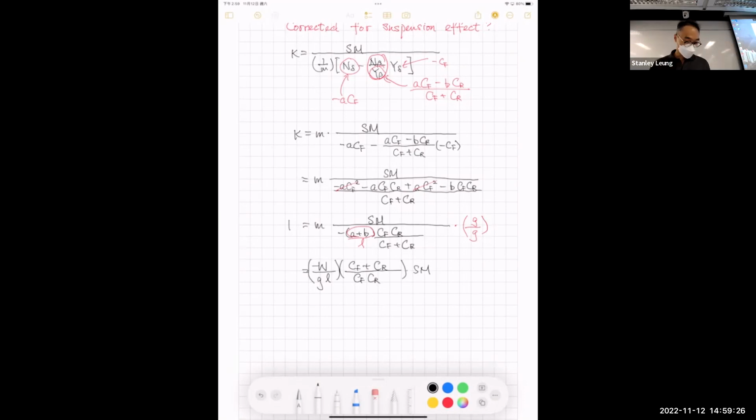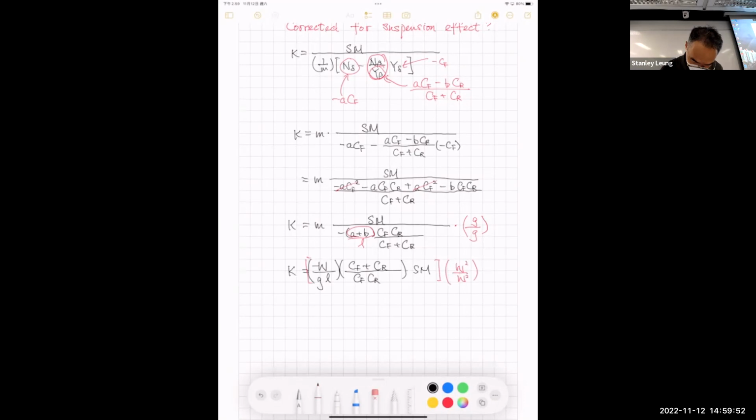Okay, second trick. So this whole thing times V square. This is K.